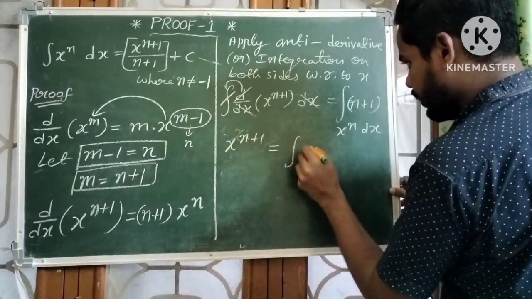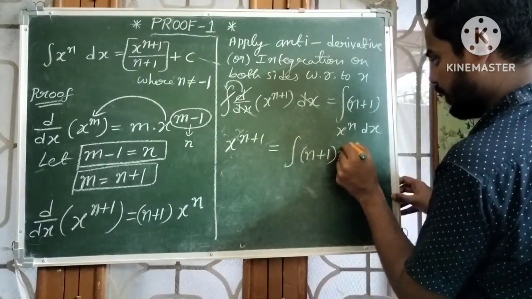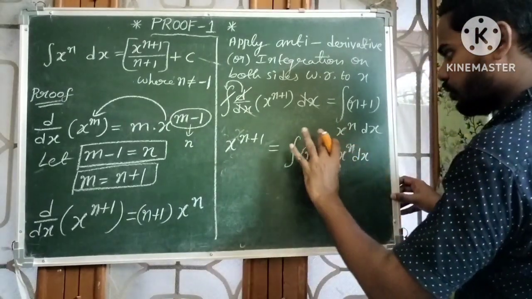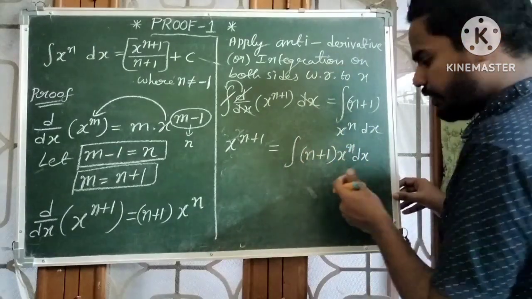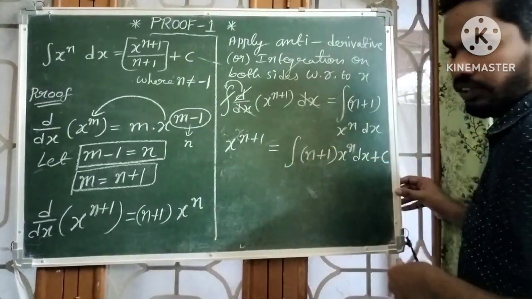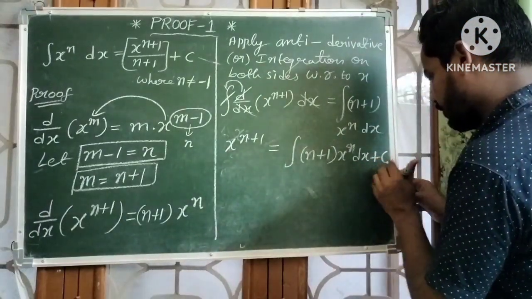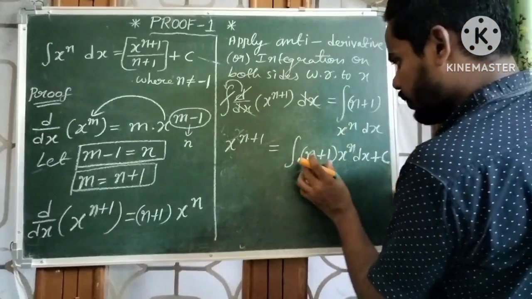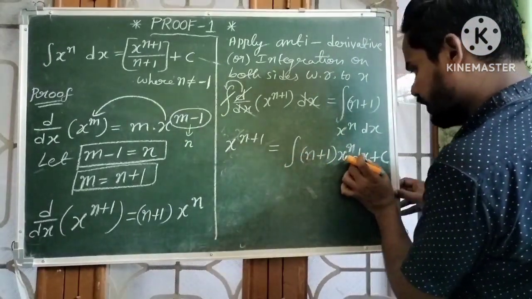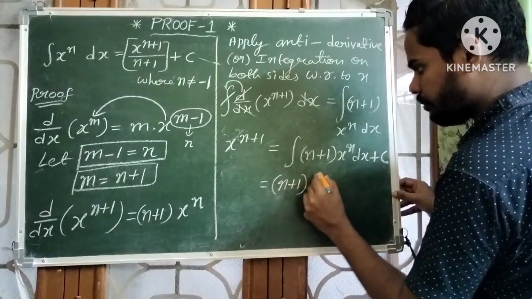Here, integral n plus 1 into x power n dx. If we apply integration, we will get some arbitrary constant, as we just discussed, plus c. Let us say this is small c. Here we are integrating with respect to x, so n plus 1 is a constant. Take n plus 1 out of the integration.